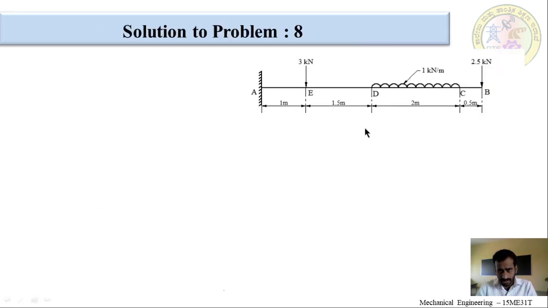There is a cantilever beam carrying 2 point loads, one is 2.5 kilonewton and another is 3 kilonewton. The 2.5 kilonewton load is at the free end and the 3 kilonewton load is 1 meter from the support, and it is carrying a UDL for a length of 2 meters from D to C, which is a 1 kilonewton per meter load.